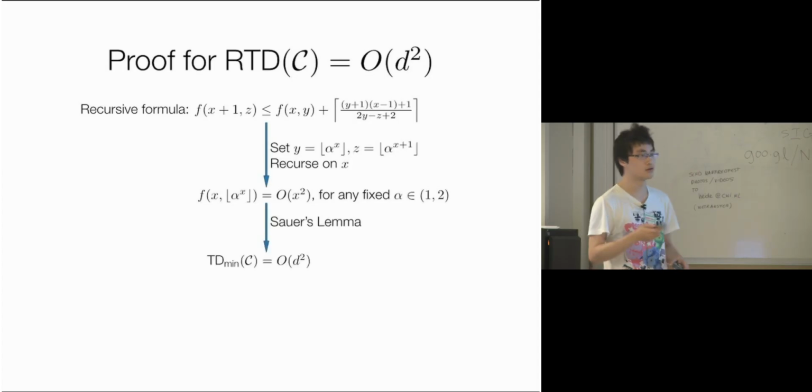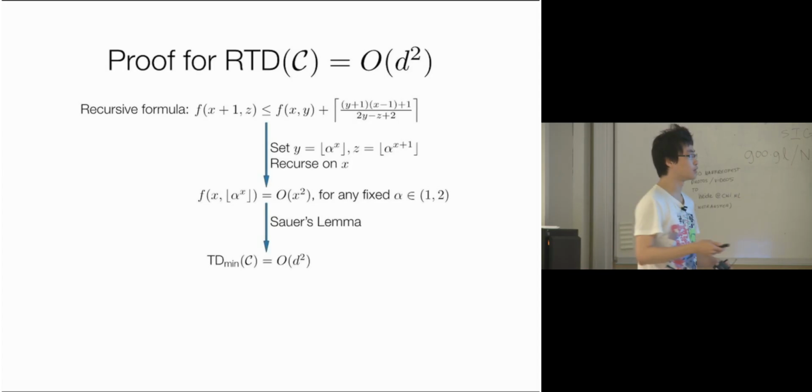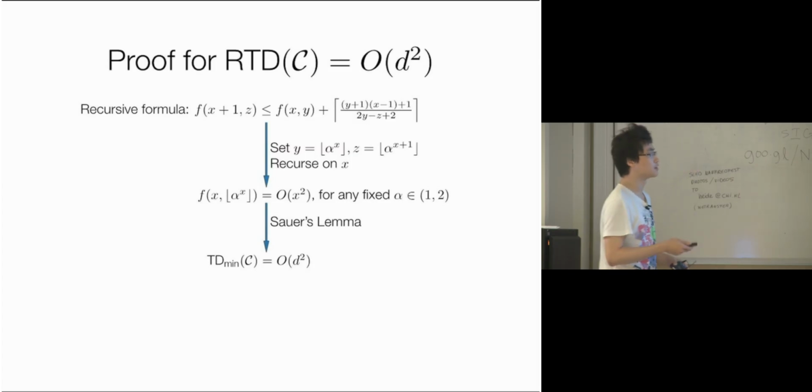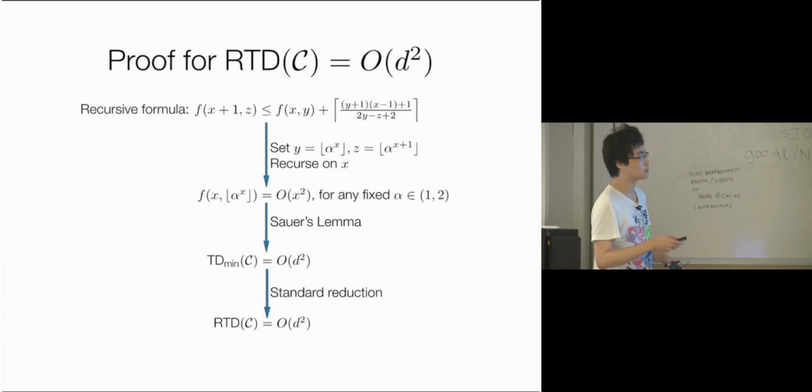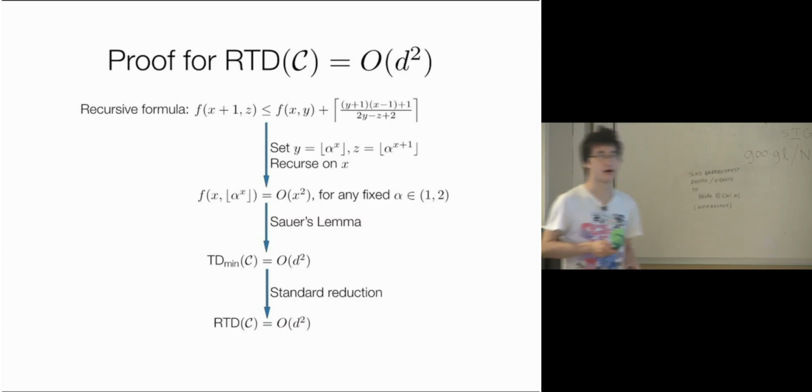Then we apply Sauer's lemma, and naturally we get this quadratic bound for TDmin of concept classes, and then by a standard reduction, which is widely used in previous research, we get the quadratic bound for the recursive teaching dimension. So now we get a quadratic bound.